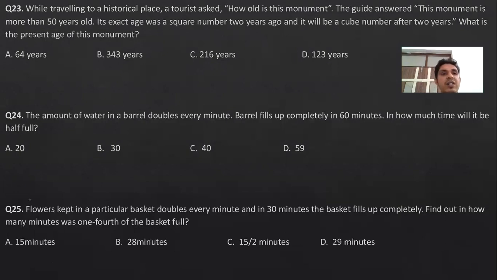What is the present age of this monument? So if we check, it was a square 2 years ago. So if we check, if we subtract 2 from 64, this will be 62, not a square. Minus 2, so this will be 341, not a square.